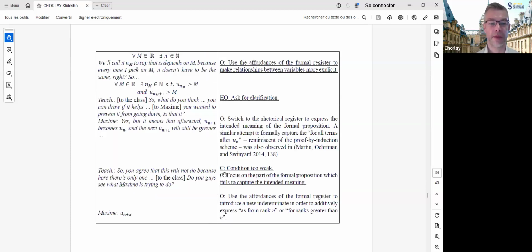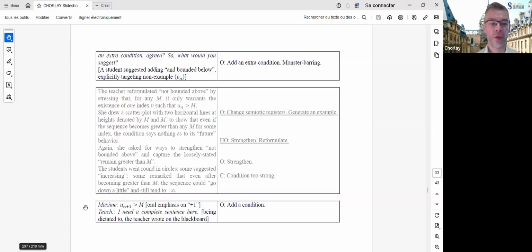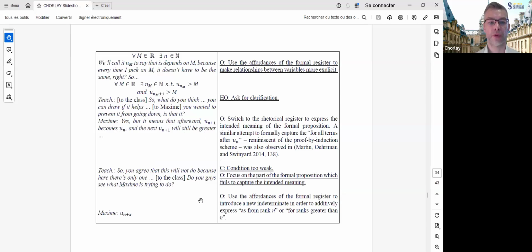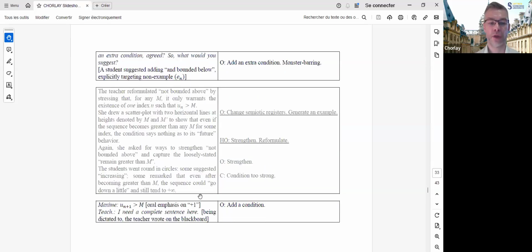Ta-da. Then, an interesting move. One student also suggests to add this: u_{n+1} greater than m, with oral emphasis on u_{n+1} greater than m. So the teacher writes this new idea on the blackboard. I have pictures of the blackboard, but not here.